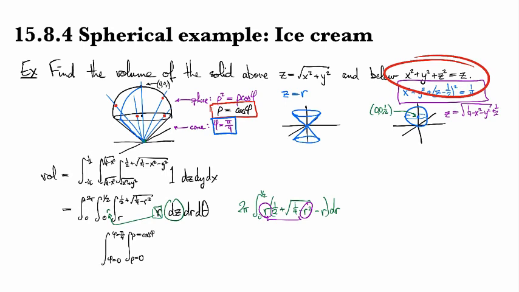And then it's a full spin. So we go theta equals 0 to theta equals 2 pi. And once again, our integrand is 1 times the Jacobian of rho squared sine phi, and that's d rho, d phi, d theta.